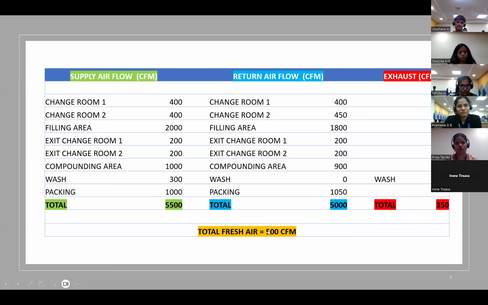That also we have to look into. And for balancing this, we select the blower capacity accordingly. And while balancing the system, whatever air is in excess has to be bled out at the AHU level itself. Okay.